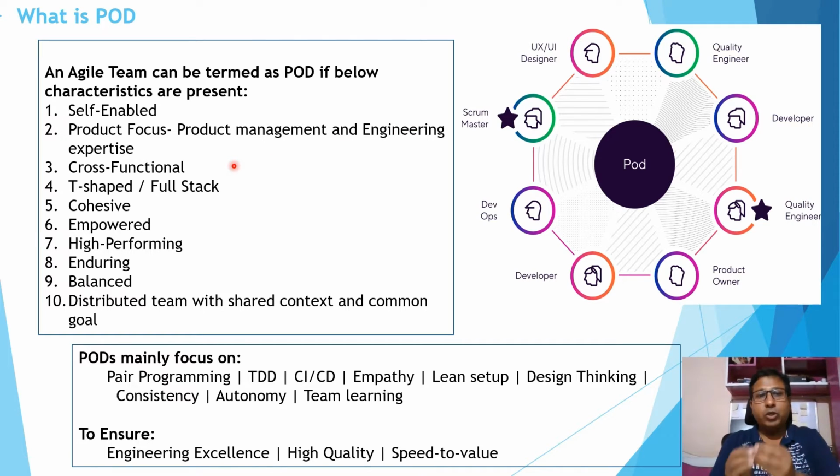Then the pod should be cross skilled, T-shaped and full stack. T-shaped means in one or two skills the team member should have in-depth knowledge, and in other skills they should have a sufficient amount of knowledge to deliver. The pod should be cohesive, empowered, high performing, enduring, balanced, and distributed, with shared context and common goals.